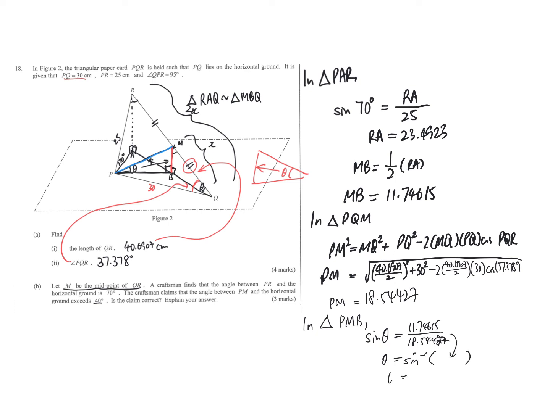So shift sine of 11.74615 divided by 18.54427, and we find the answer is 39.3 degrees, which is less than 40 degrees, so this does not exceed 40 degrees. Therefore the claim is disagreed.